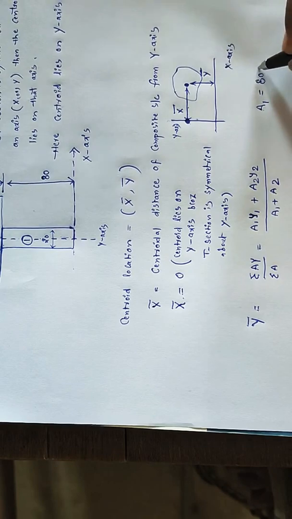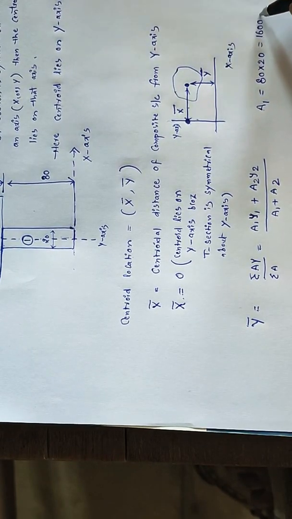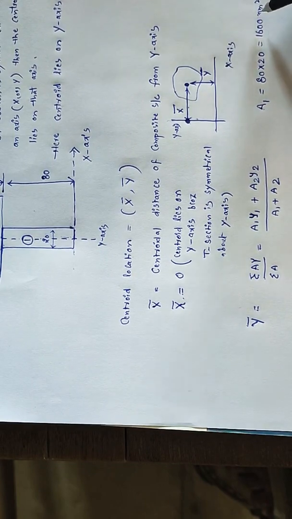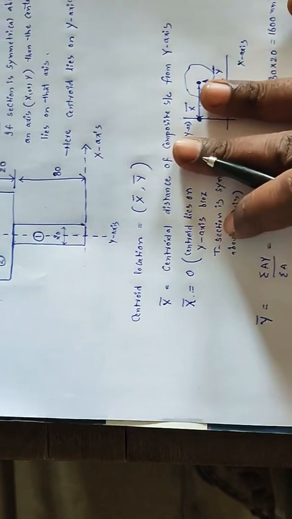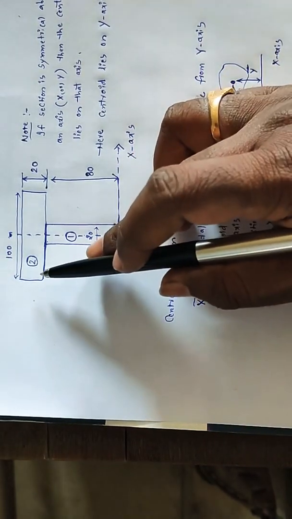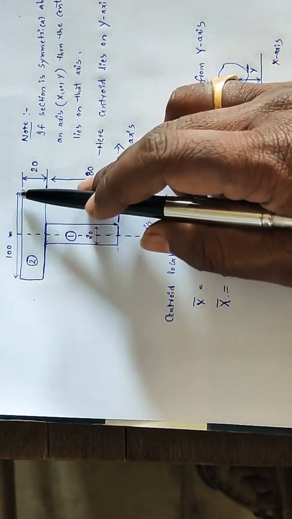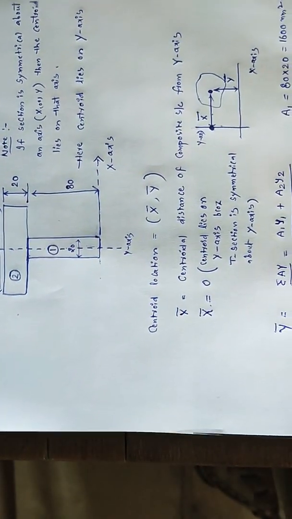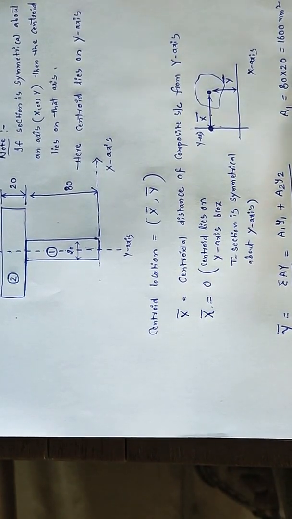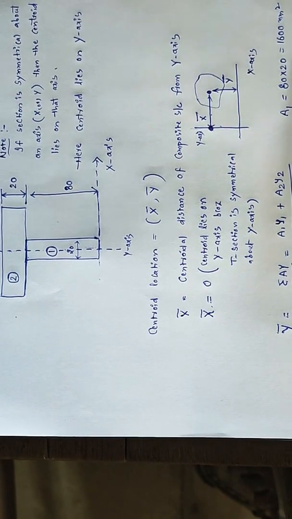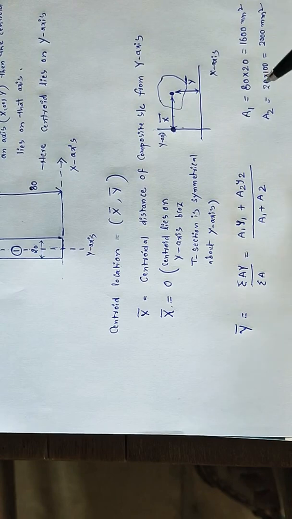So 80 into 20 is 1600 mm square, the area of the first rectangular element. A2 is the area of the second rectangle, length into width. So here 100 mm into 20 mm, that is 2000 mm square. So we got A1 and A2.